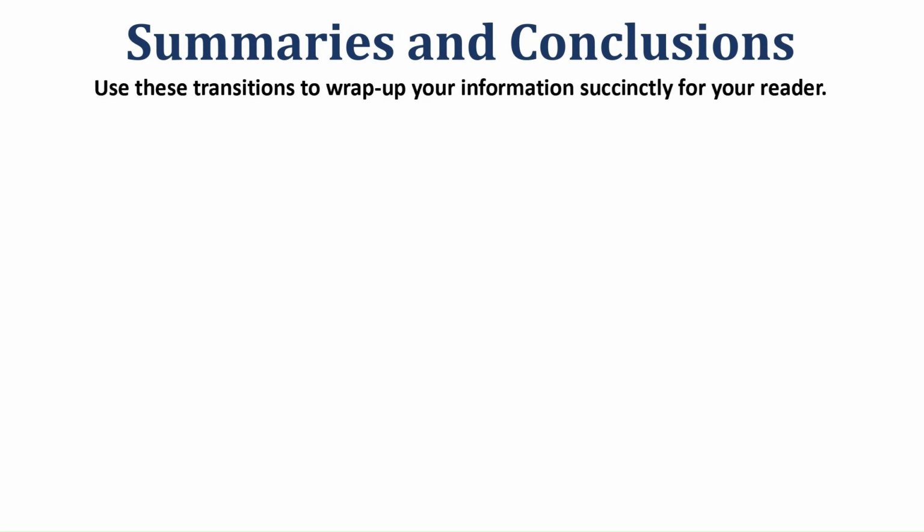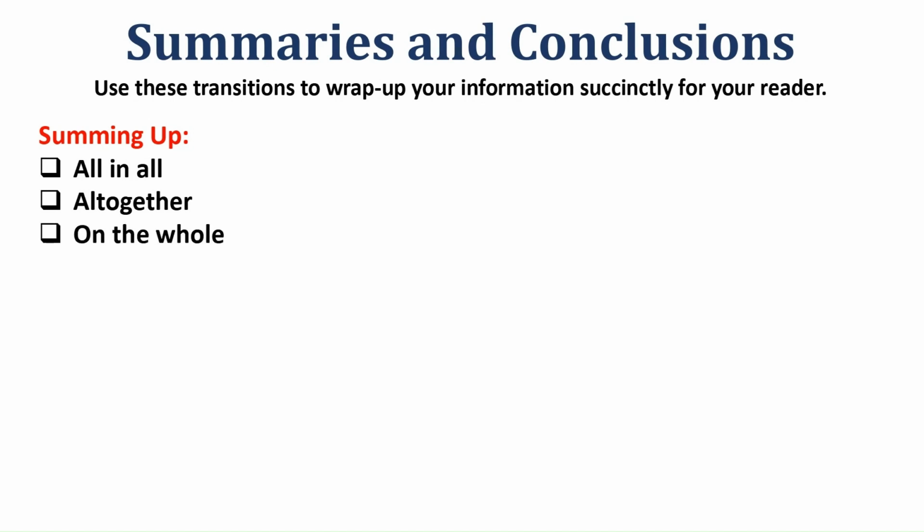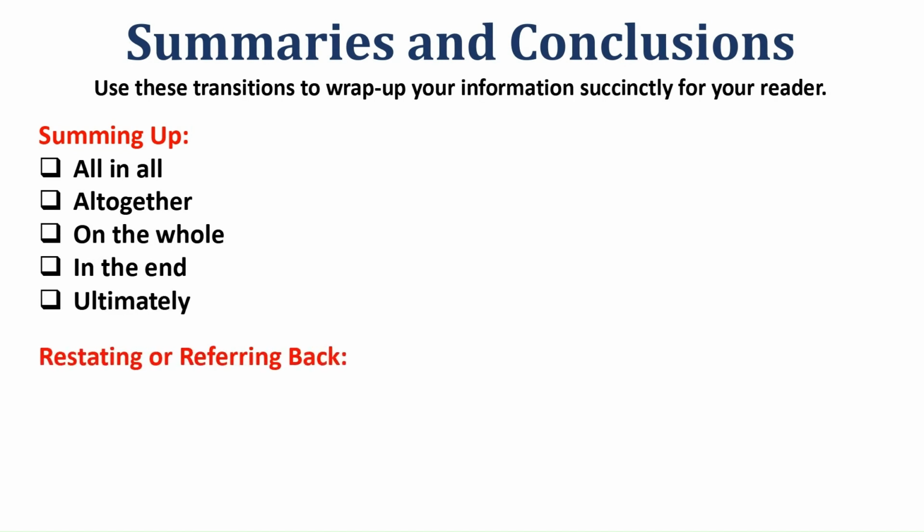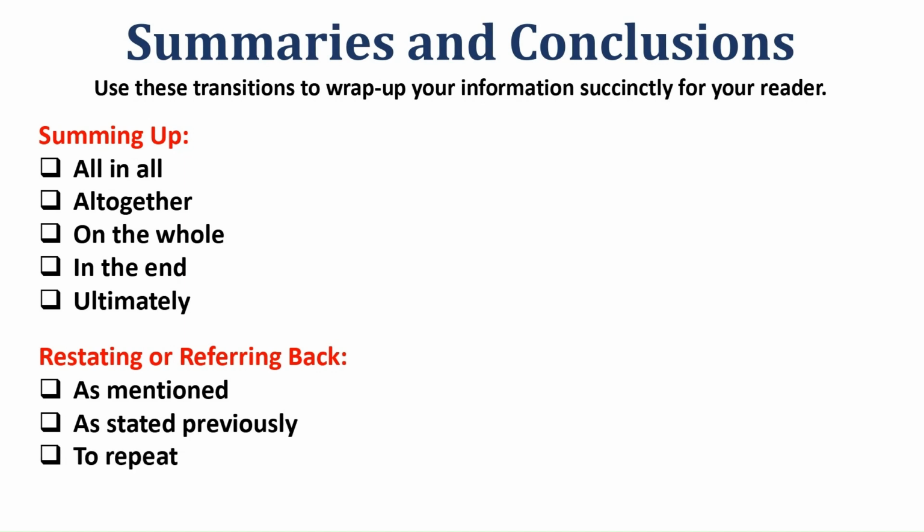Summaries and conclusions. Use these transitions to wrap up your information succinctly for your reader. Summing up: all in all, altogether, on the whole, in the end, ultimately. Restating or referring back: as mentioned, as stated previously, to repeat.